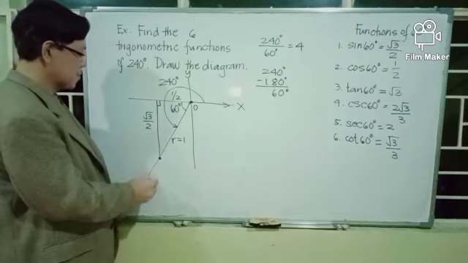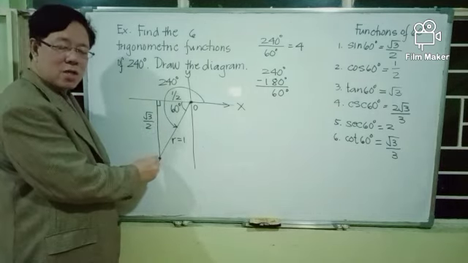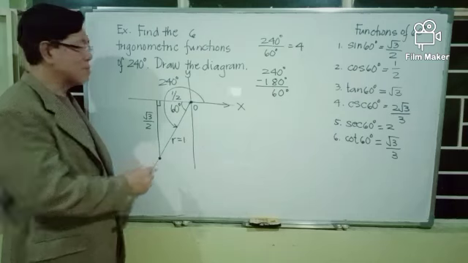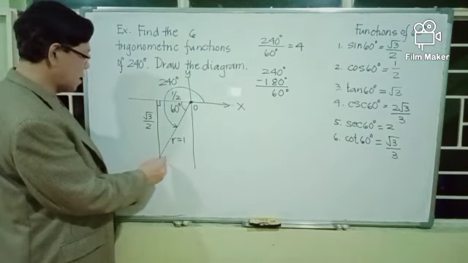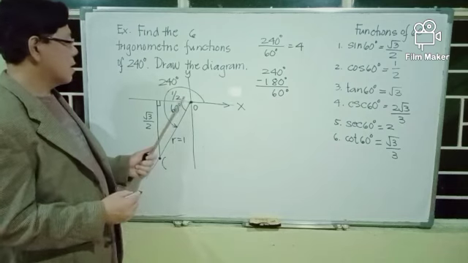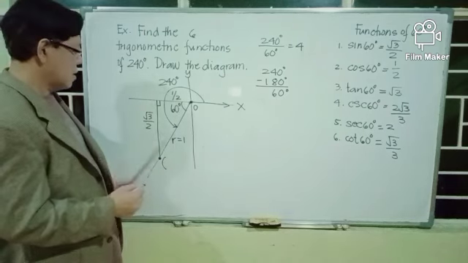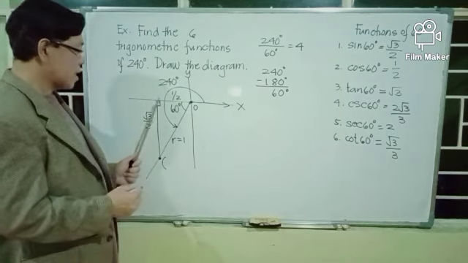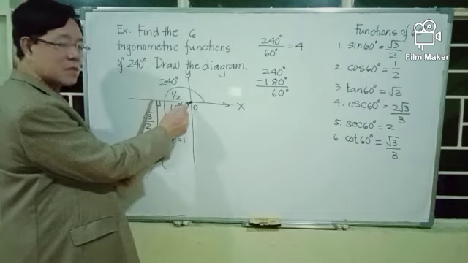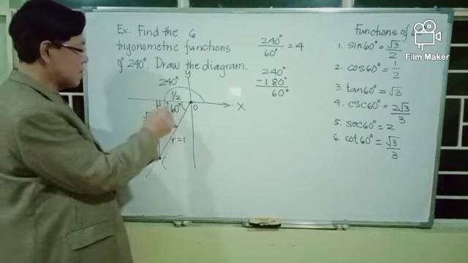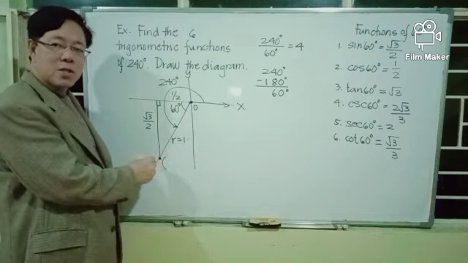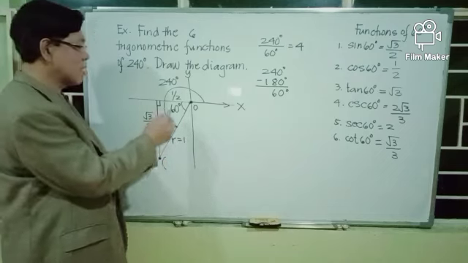Hence, this point on the terminal side of the angle 240 degrees has coordinates x is negative 1/2. The length of this side of the right triangle is 1/2, but the abscissa of this point on the terminal side of 240 is negative.